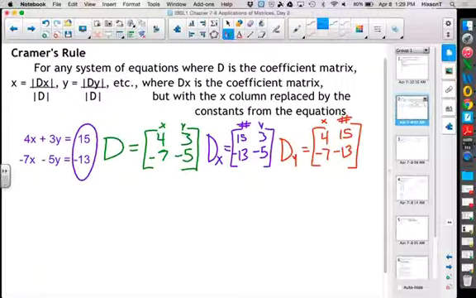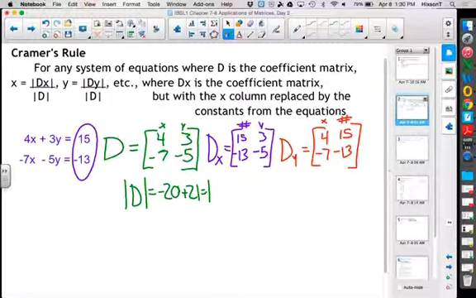Now, the nice thing about doing this with 2x2s is that you can find the determinants of 2x2s really, really fast. So, for example, the determinant of D, we have negative 20 minus a negative 21, so plus 21, so the determinant of D equals 1.